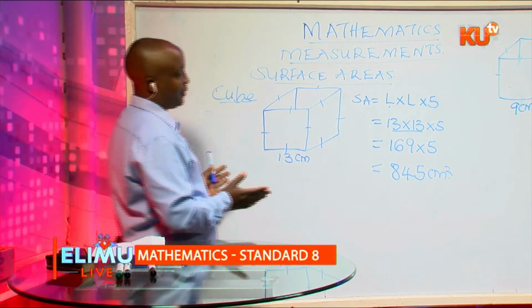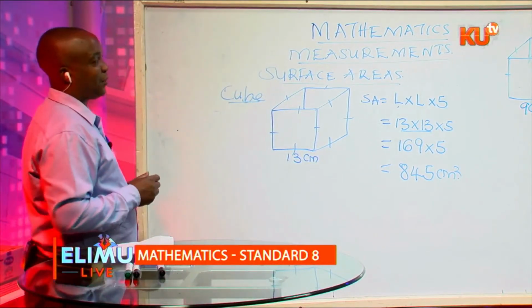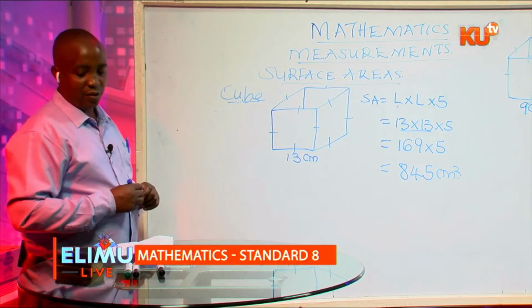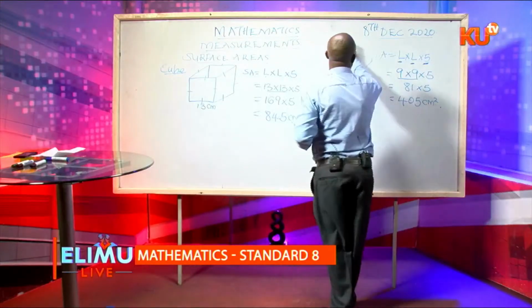So having done the total surface area, how do we get the length of one side of a cube given the total surface area when the cube is open? So I'm going to give you two examples.